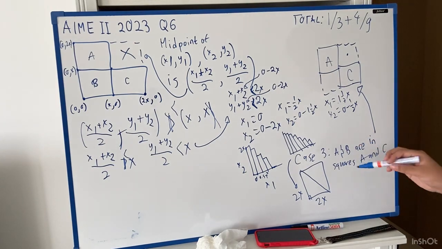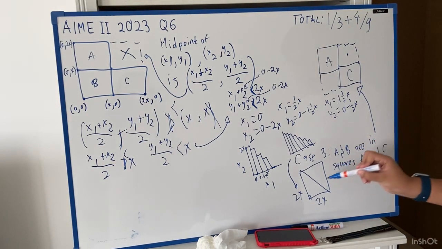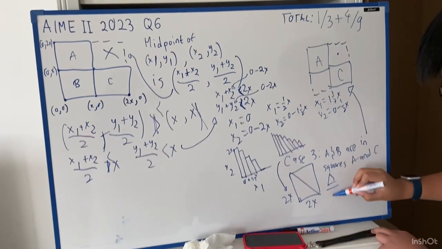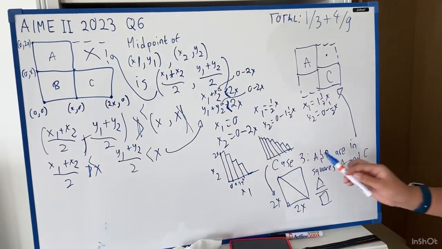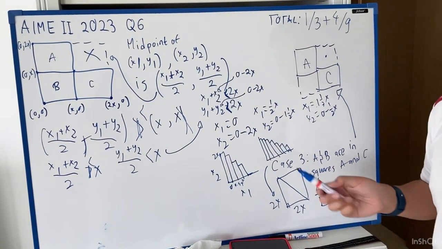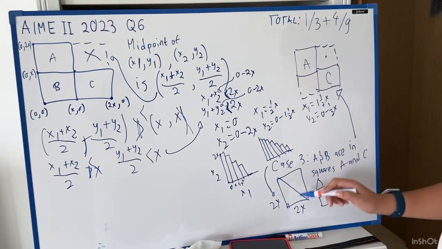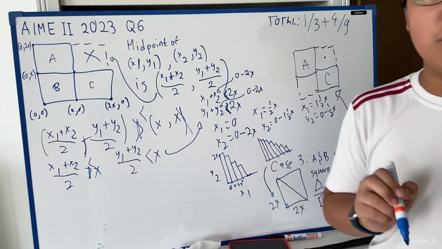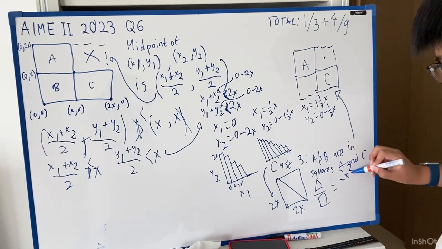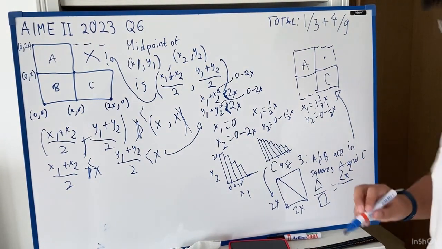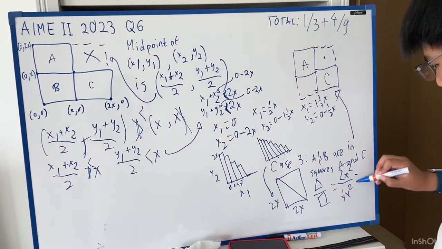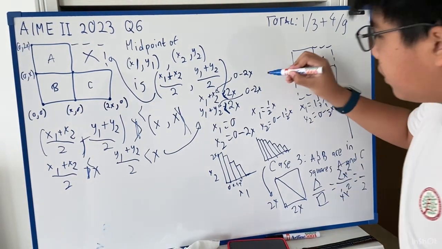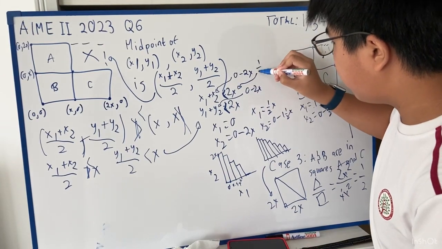So therefore, the probability that the equation satisfies is the area of the triangle divided by the area of the square. Okay, so the formula of the area of a triangle is the height times the base divided by 2. So the area of the triangle is 2x times 2x divided by 2, which is 2x squared. And the square is 2x times 2x, which is 4x squared. So the ratio is 1/2. Therefore, the probability that this satisfies is 1/2.